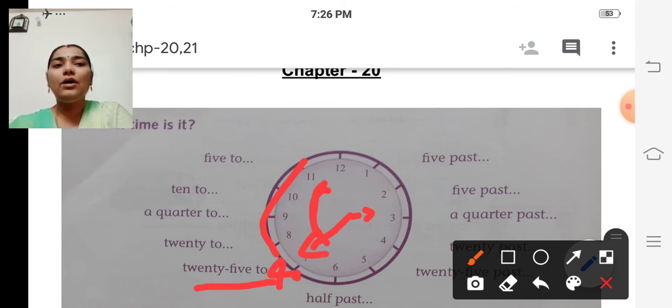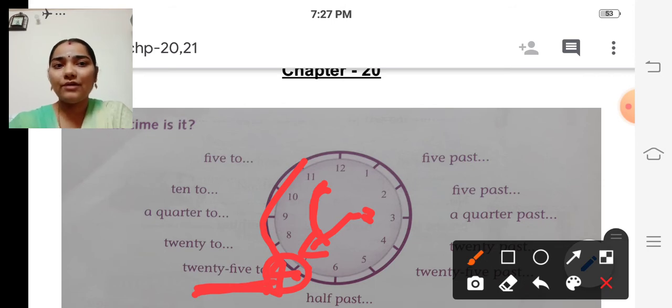If the hour hand is at 3 and the minute hand is at 7, then we will say 25 to 4. Here we should put the next hour. If the hour hand is at 3, then we'll put 4 here.